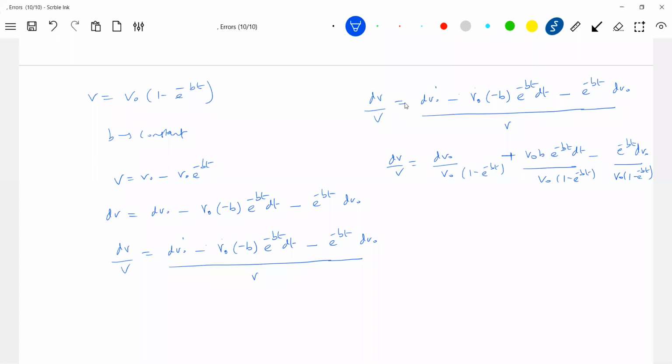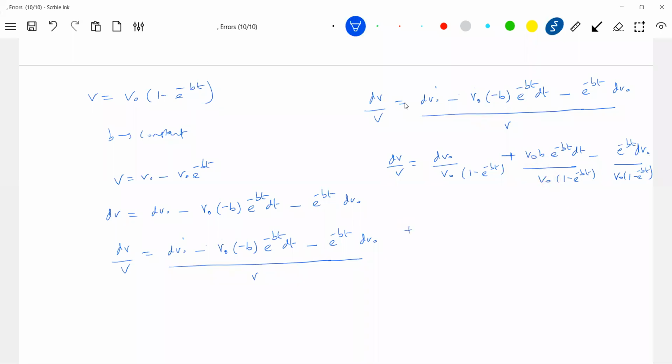Okay, so I think it has become really complicated. You can further simplify and express this. Look at what all it is. Something very complicated will come: the random error in v. The random error in v depends upon the random error in dv naught and this quantity, which you can send up or leave like this. Here v naught will get cancelled.